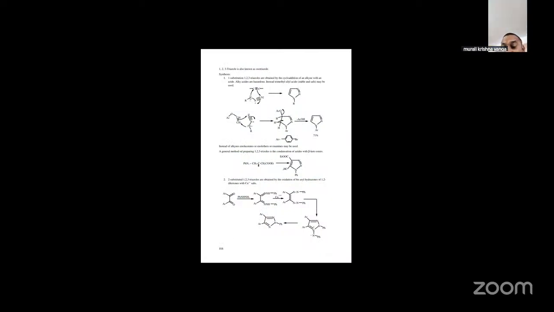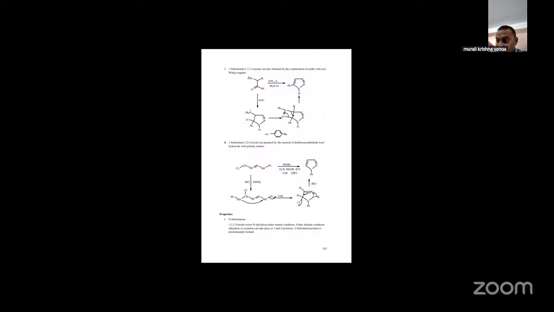Synthesis of 1,2,3 triazoles. 1-Substituted 1,2,3 triazoles are obtained by the cycloaddition of alkyne with the azide.